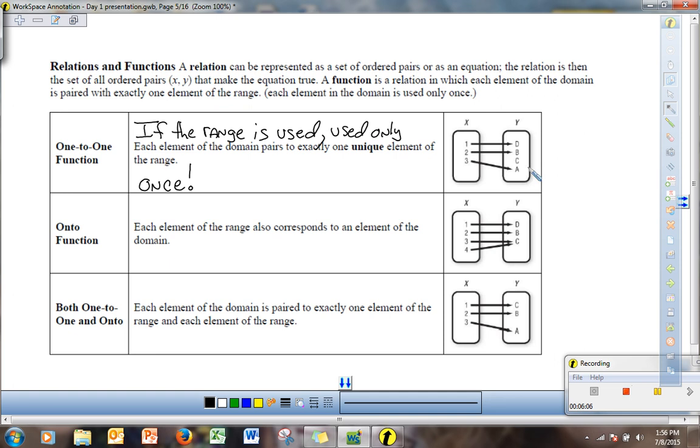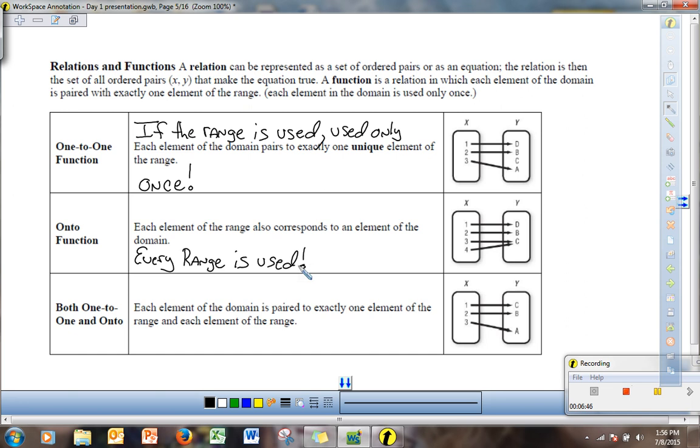Onto says this: each element of the range also corresponds to an element of the domain. Okay? What's this mean in layman's terms? Every range is used. That just means every y value is used.